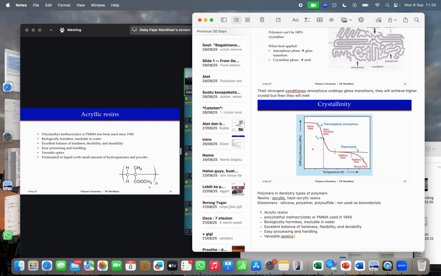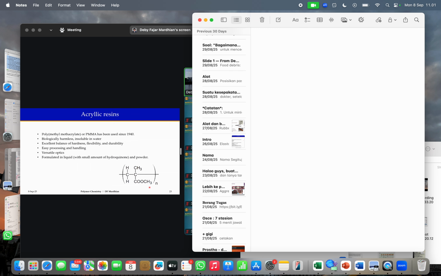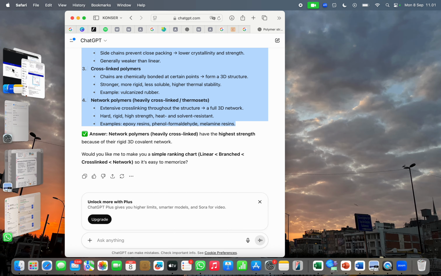So, like I mentioned before, acrylic resins are formulated in liquids and powders with a small amount of hydroquinone. Does anyone still remember what hydroquinone is used for in acrylic resins?